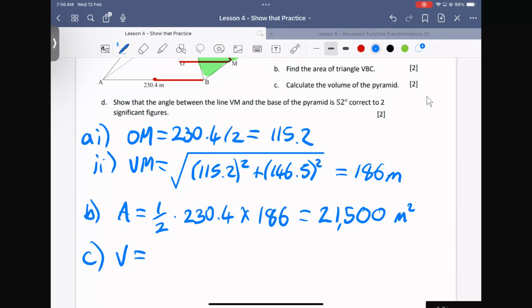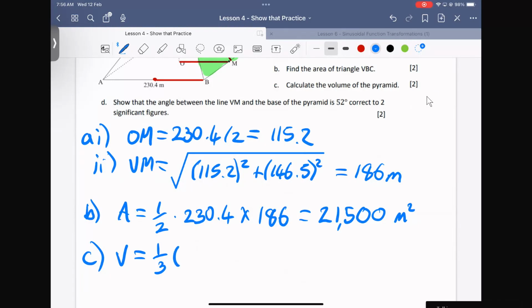So now we need the volume formula. The volume formula on the formula sheet says a third area times height. When it says area, it doesn't mean any old area you've just calculated. So it's not the area we've just calculated there that we use for this. You have to understand the formula. It says very clearly it's the area of the base of the pyramid.